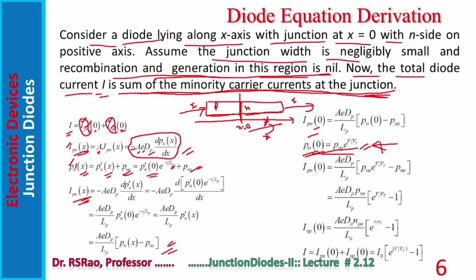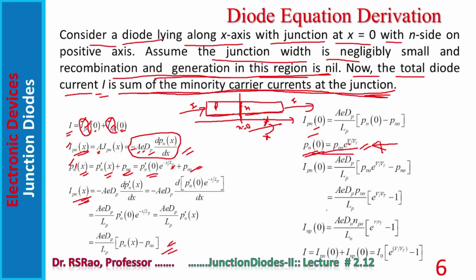It gives hole concentration on n side at the junction from equilibrium hole concentration on n side for a given applied voltage V. Now, using this equation, one can write IPN(0) equal to A e Dp/Lp times Pn0 e^(V/Vt) minus Pn0. It turns out to be equal to A e Dp Pn0/Lp into (e^(V/Vt) minus 1).